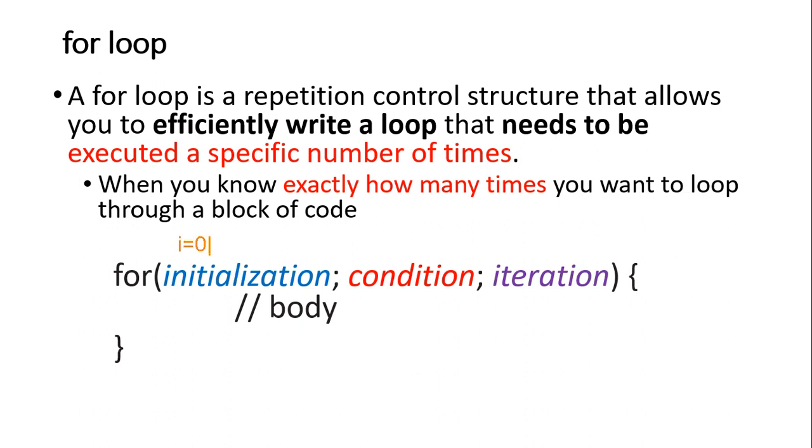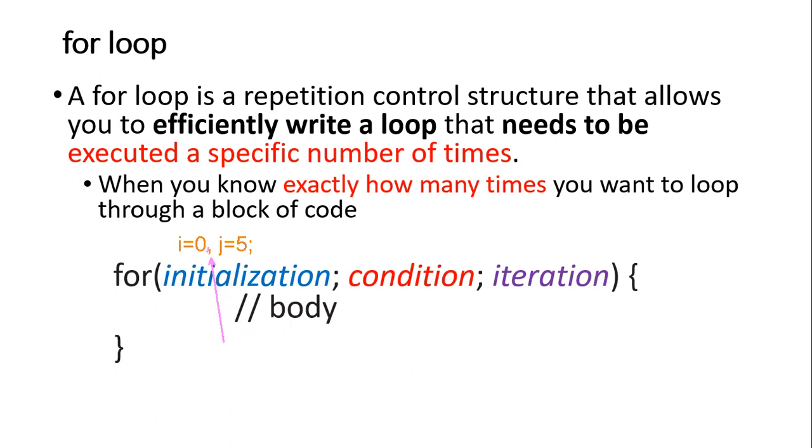However, in the for loop, you are given a provision to even declare a variable and then initialize it. This is also allowed in the for loop. Also, you can initialize more than one variable. For example, if you want to initialize two variables, you can say i is equal to 0 and j is equal to 5. You can do that, provided you separate the initializations by a comma.